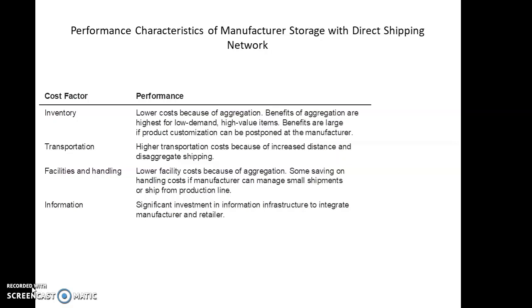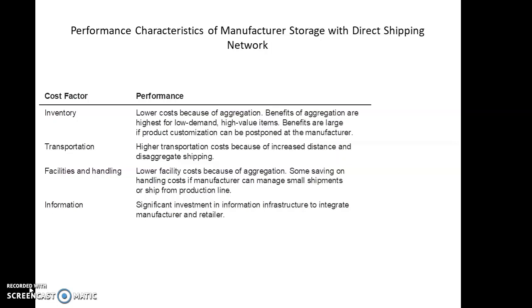That is, we can exploit the benefit of this method when we deal with products of high value but low demand. Also, benefits are large if we want to postpone the product customization to the manufacturer side.